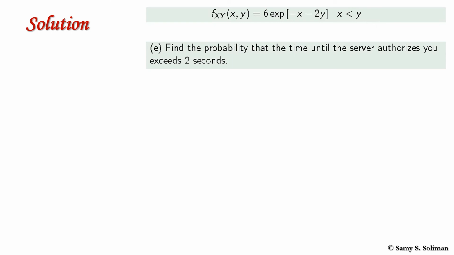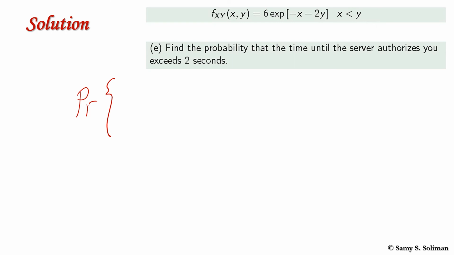If we want to find the probability that the time until the server authorizes you exceeds 2 seconds, this is a question in which we should be able to translate the requirement to a probabilistic expression.